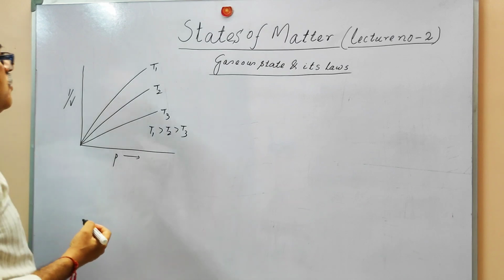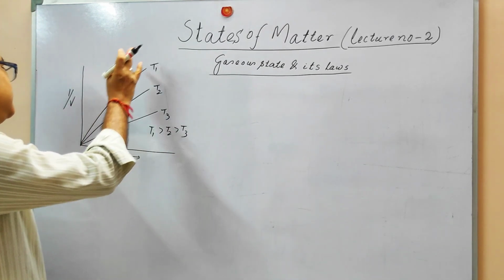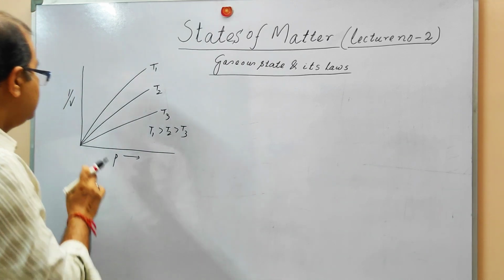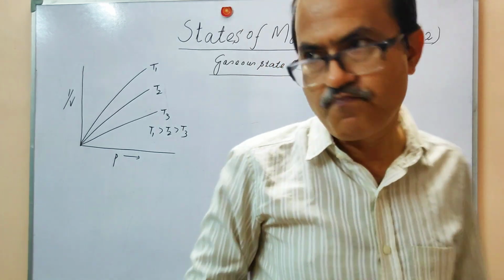In this case we get a straight line through the origin, and this is the graph when we plot 1/V versus P.